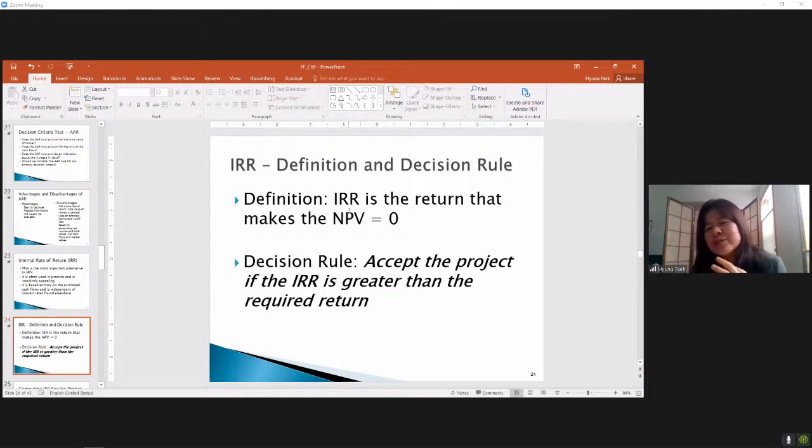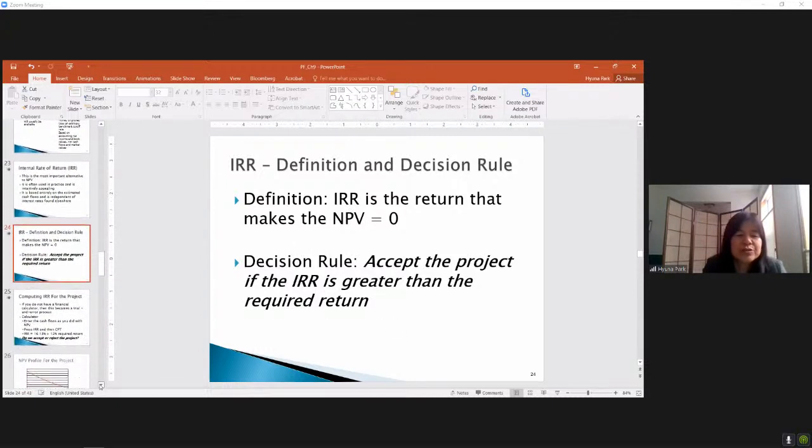So costs and benefits are equal. What discount rate makes this project break even? That's the internal discount rate. So the decision rule is: accept the project if the IRR of the project is greater than the required return. If not, reject the project.